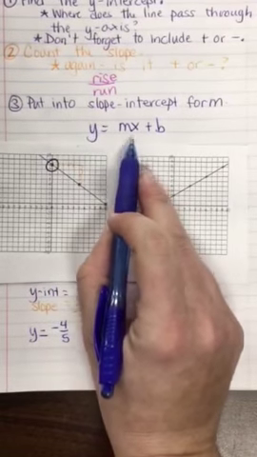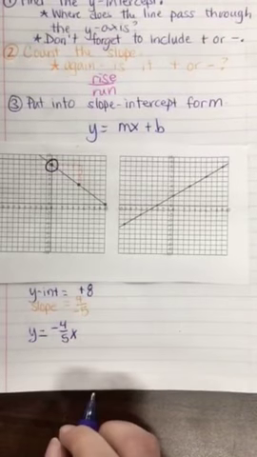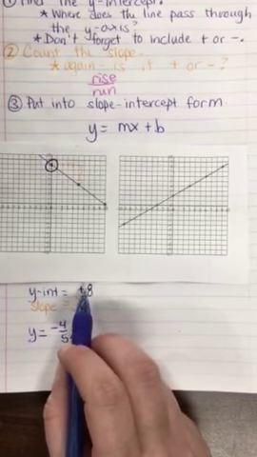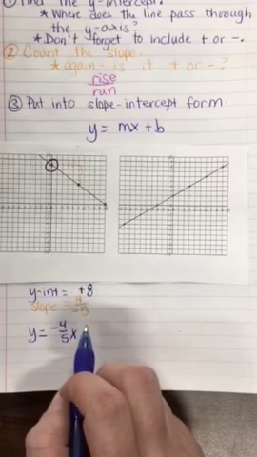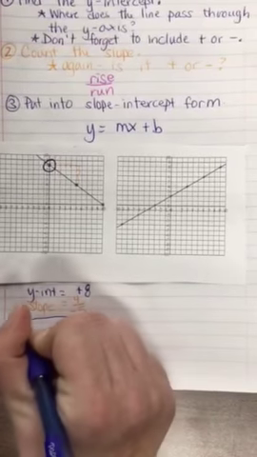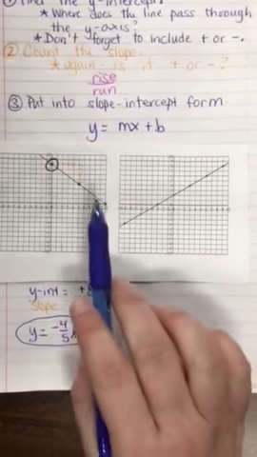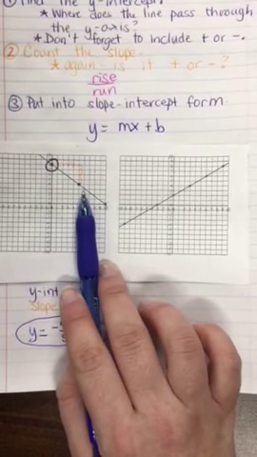X always stays part of my equation. So negative 4/5 times x plus b. B is my y-intercept, and I said it was a positive 8, so I'm going to put plus 8. And there is the equation that represents this line.